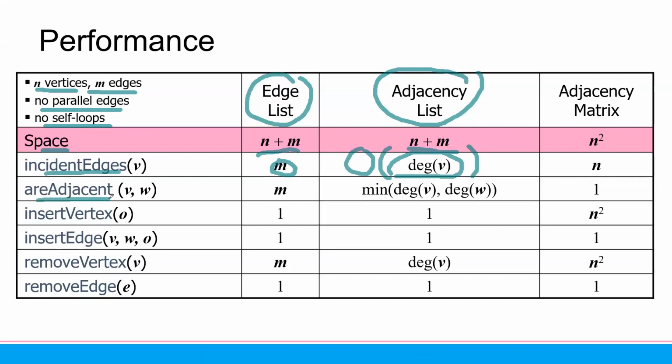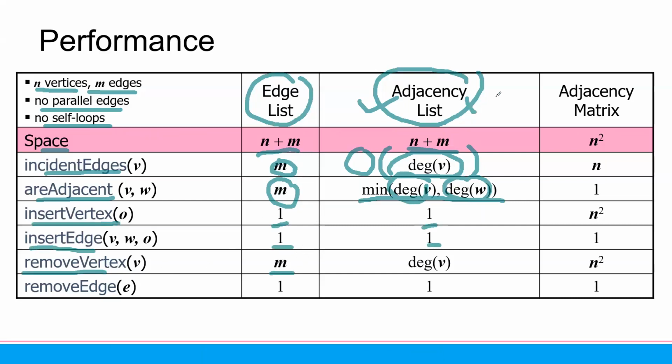And if I want to check, are they adjacent or not? If we use the edge list, it will take m times. But if it is the adjacency list, it takes the minimum of the degree of W or the degree of V. Inserting a vertex takes only 1 because we just insert. If we want to insert the edge, it's also 1. If we want to remove a vertex, we will check every edge in the edge list.